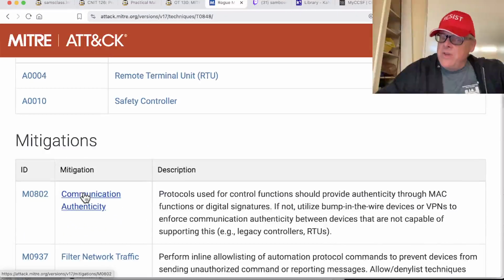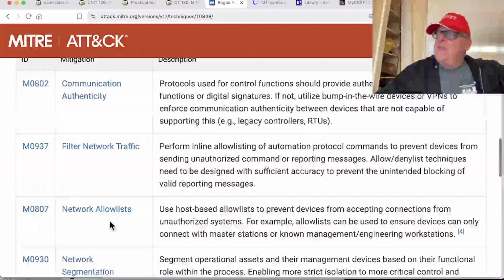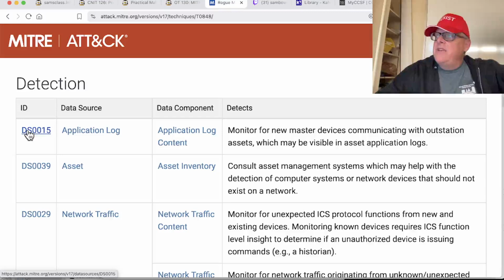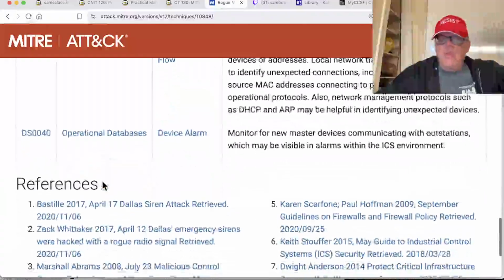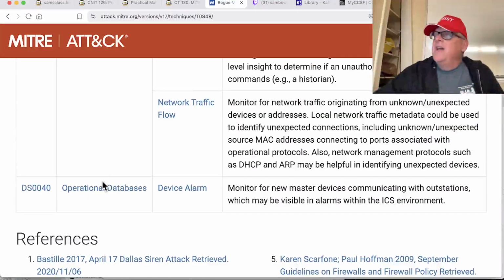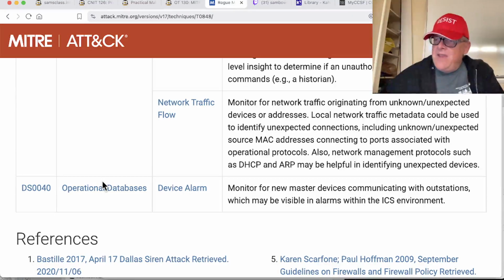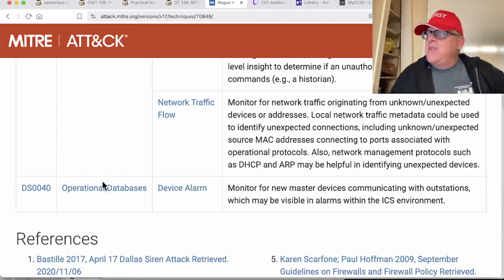There's mitigations, and there are code numbers for the mitigations that might stop this attack. There's detection techniques and numbers to identify the detection techniques. And so you can see, it looks complicated, but this is how you organize your thinking. Now you can say, for the threat actors that are likely to attack us, they're going to do these 10 things, and I have defenses for 5 of them, but I'm missing defenses for the other 5. So it can help you plan that sort of thing.